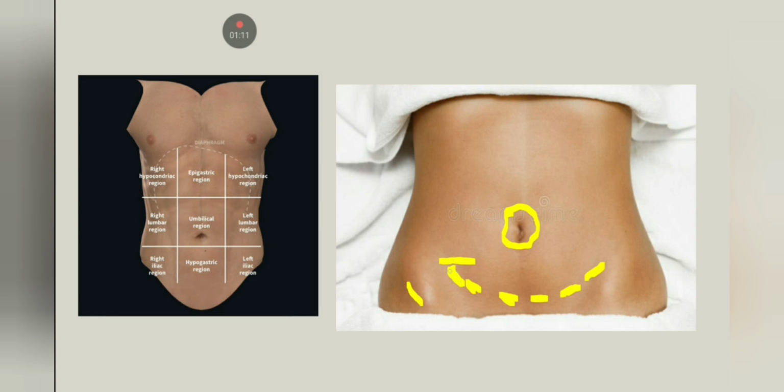This is a more cosmetically appealing incision as the incision is hidden. Alternatively, the typical Lanz incision can be made, especially in larger adults with distended or fatty abdomens.